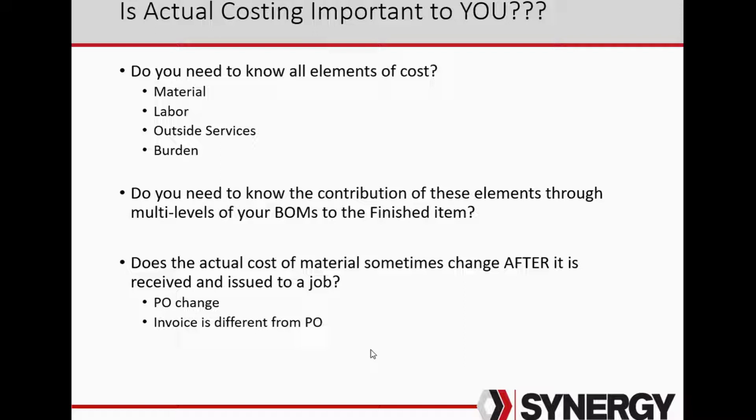Does that happen? If those things happen, if these things we've talked about are important to you, then I'd really like you to see how Visual handles actual costing, and I'm going to call it true actual costing. Let's spend a few minutes and look at that. Let me set the stage.